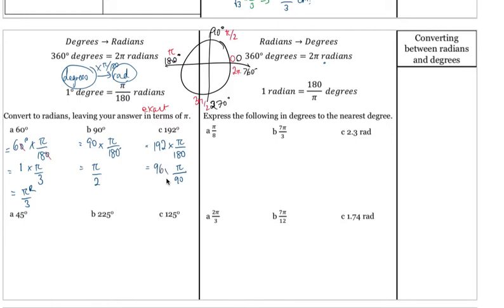Can we keep chipping away? Well, I think a factor of 3 goes into both. So this will become 32 times pi on 30. And we can keep chipping away here. I know 2 goes into both, so this will be 16 pi on 15.